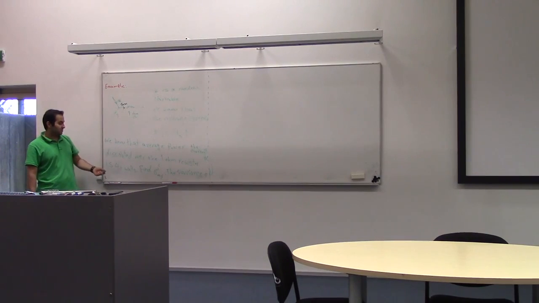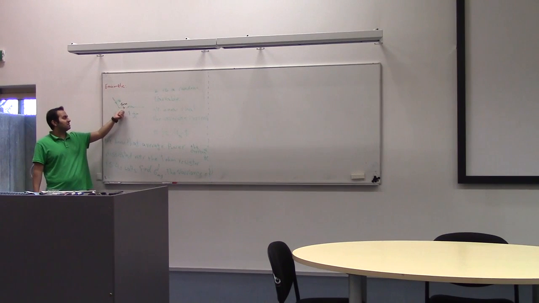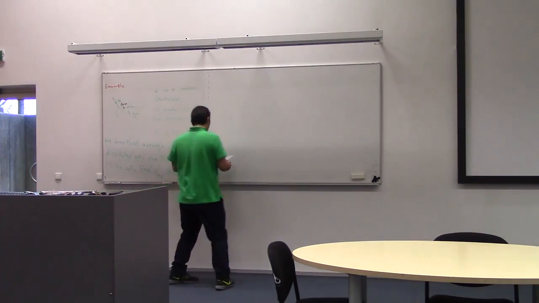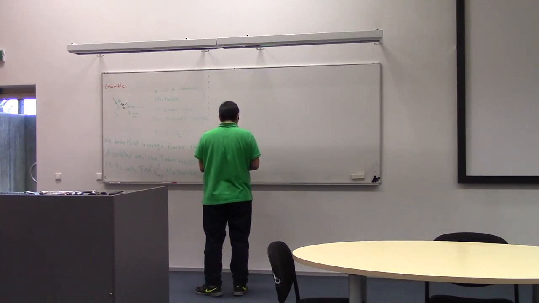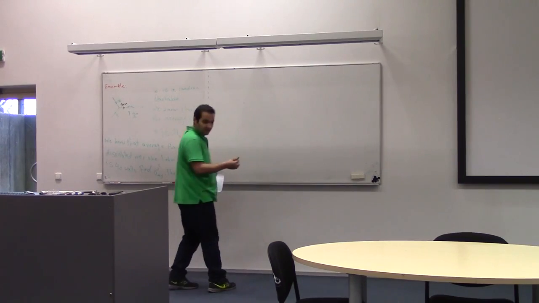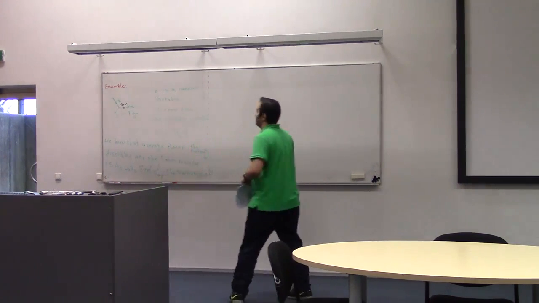The power of this 1 ohm resistor is equal to 40, and the current is 5 plus X. Then we have to find the variance of the X.